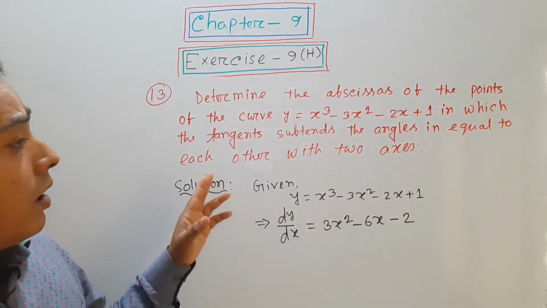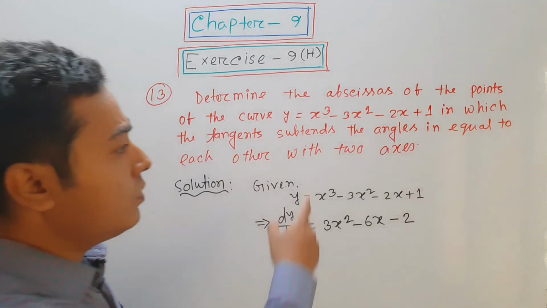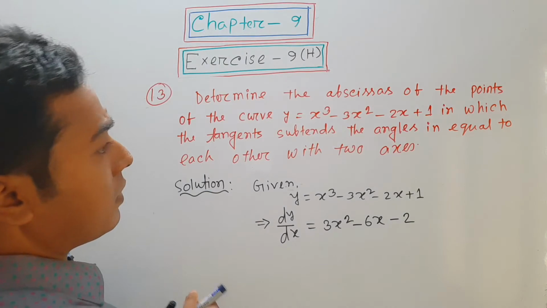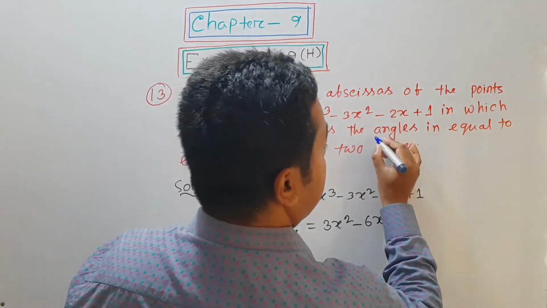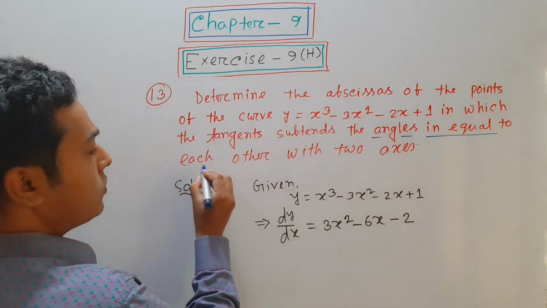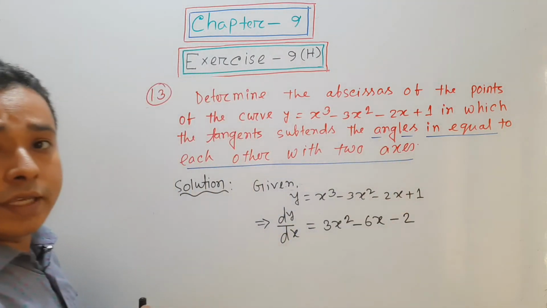Now the value of the slope of the tangent is equal to plus or minus 1 because the angles are equal to each other with both axes.